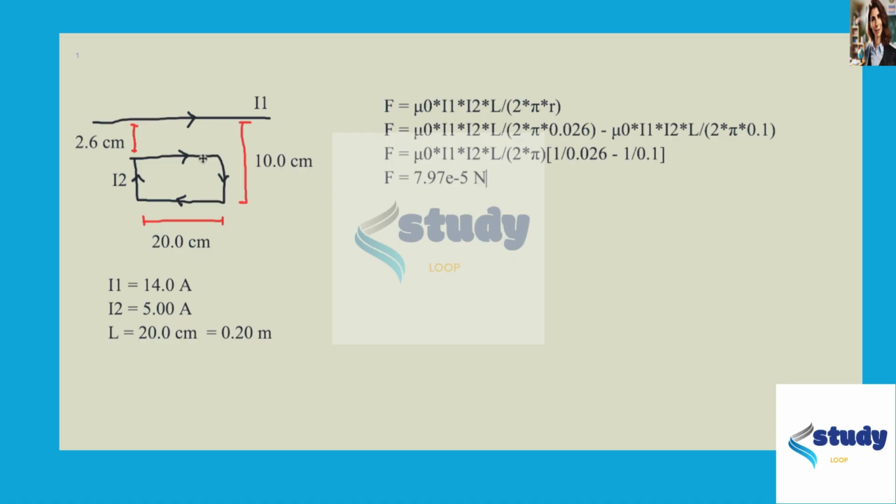Since currents going in the same direction attract, this loop is going to experience a force upward, because it's going to be net attracted to this top wire since the bottom wire is farther away. So this is going to be a force upward.